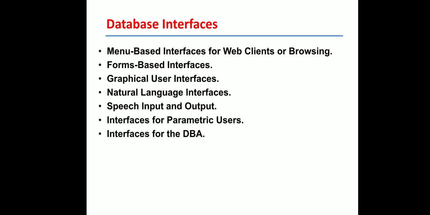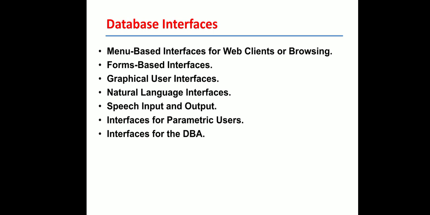The third category is the graphical user interface, called GUIs. With the help of the mouse and keyboard, shortcut keys, or by clicking the mouse, we can interact with the database. Fourth is natural language processing.